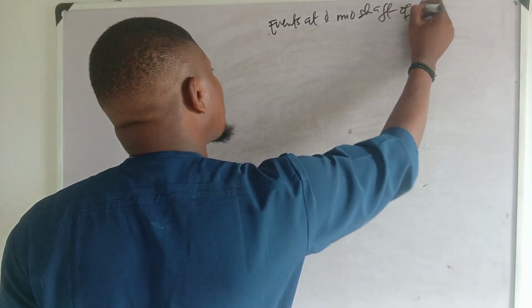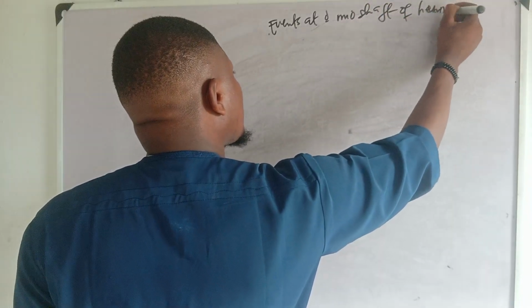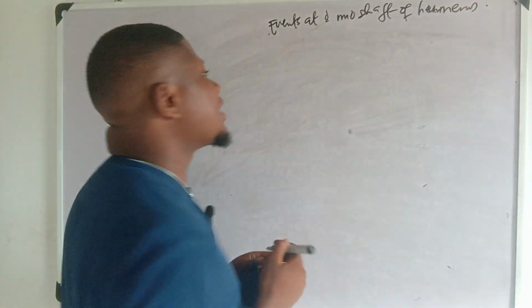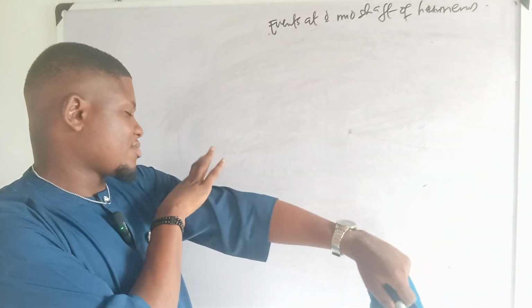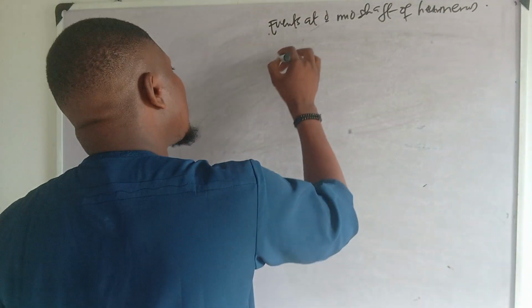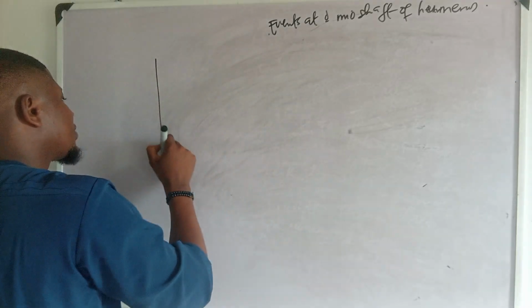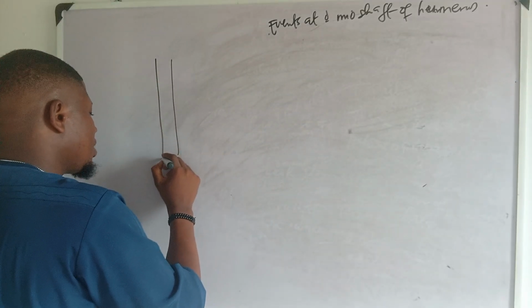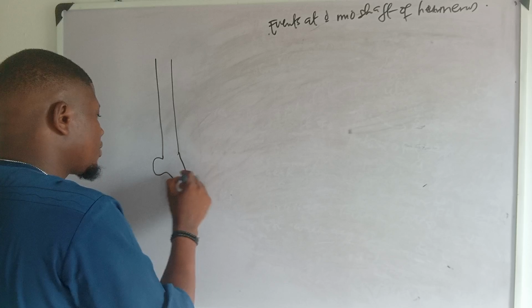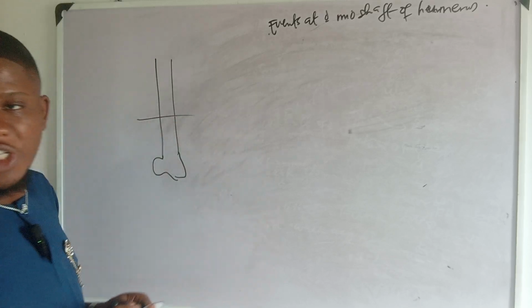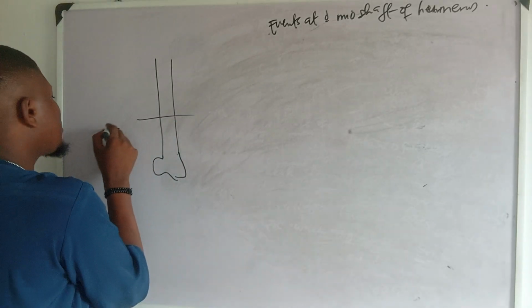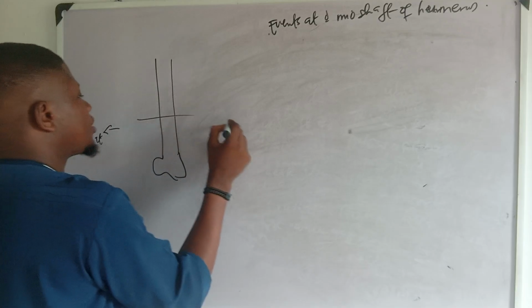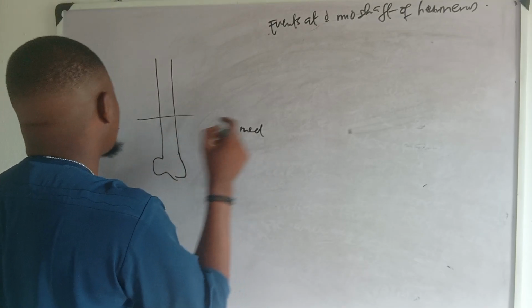You need to know them. Let's say for example that this is the humerus and this is the mid shaft. Toward this side is lateral, and toward this side is medial.